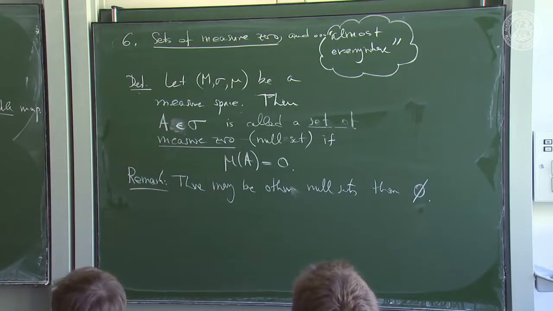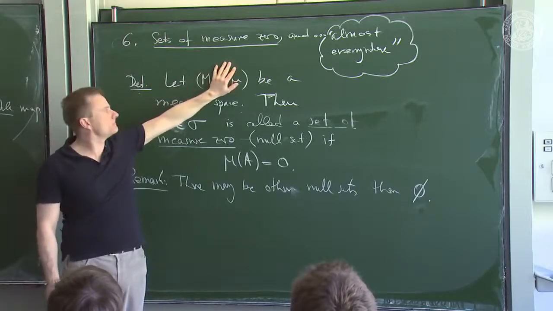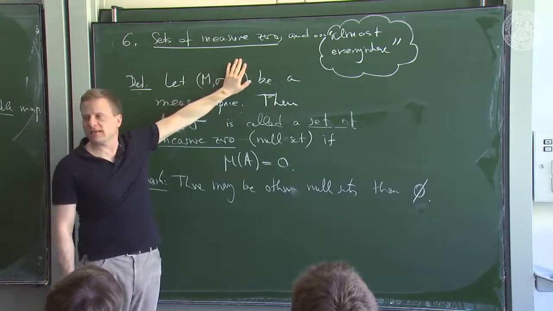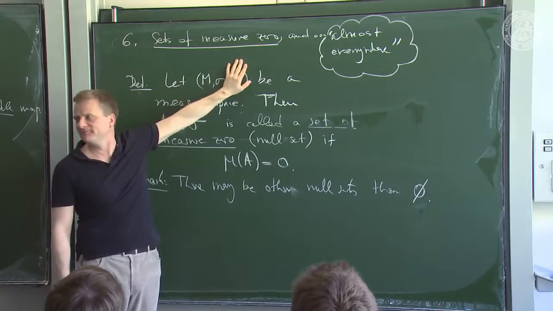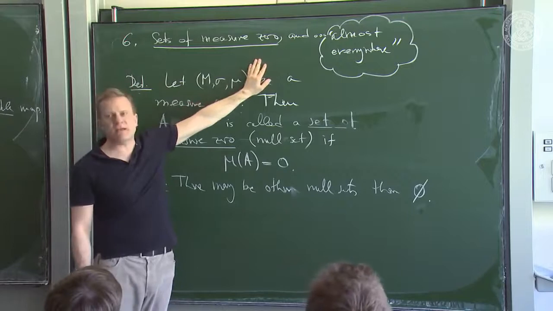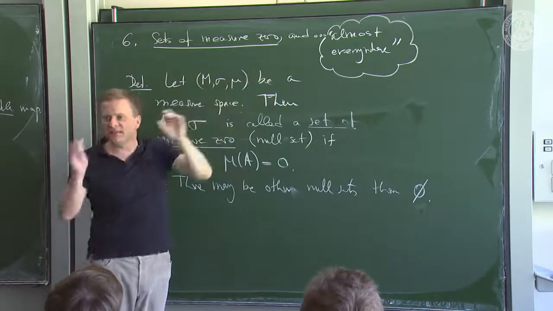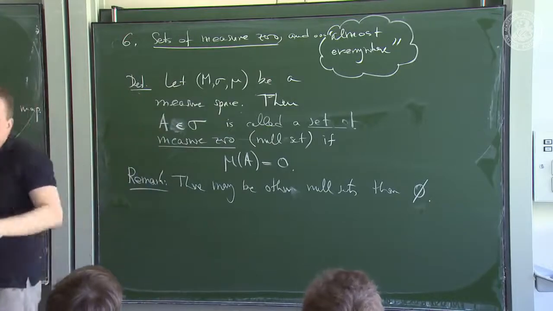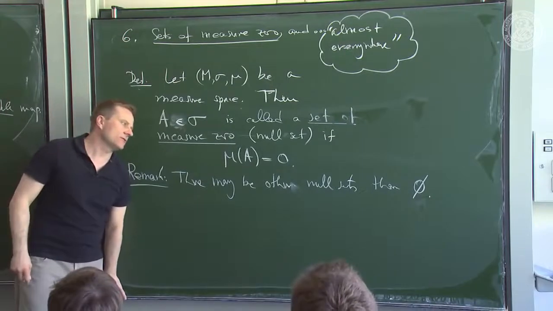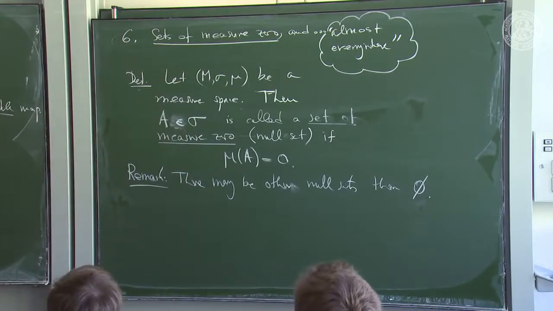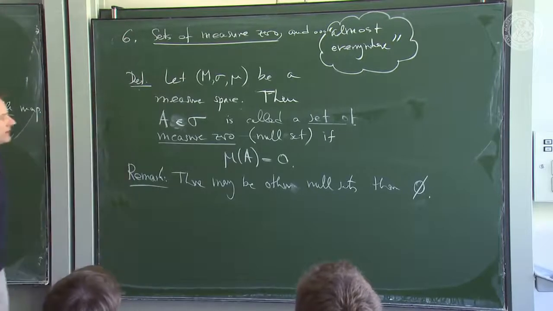What's special about them? Well, from the set theoretic perspective, nothing. From the measurable space perspective, something, because at least they are measurable. And from the measure space perspective, they're invisible. Seen through the glasses of the measure, they don't count. In a sense, they're also unwanted in some cases, and we mod them out, for instance, in the set of square integrable functions and so on.